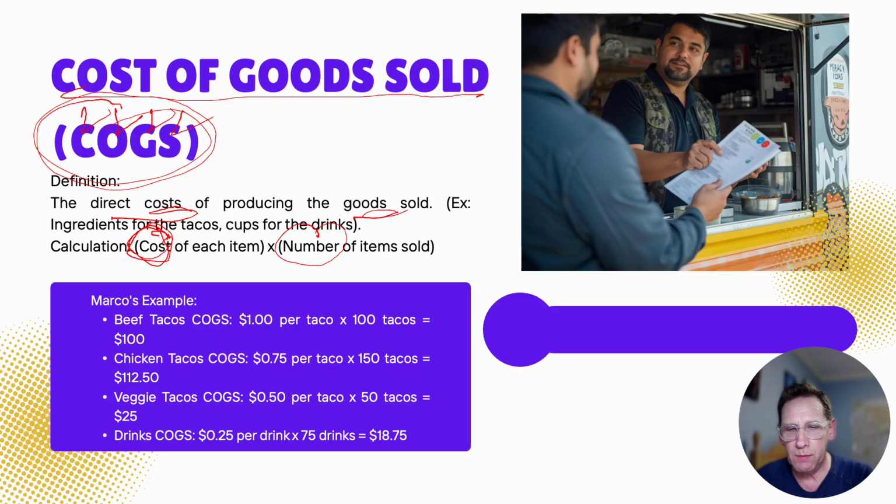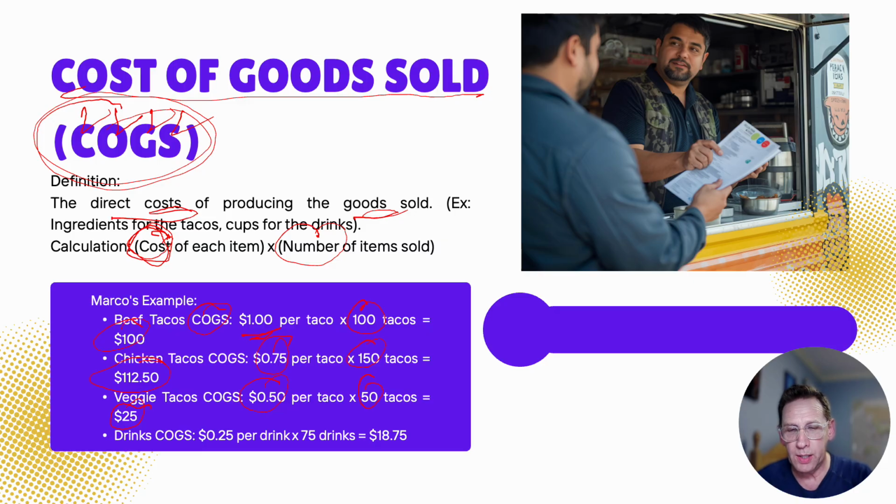So here's our example for Marco. His beef tacos cost $1 per taco, and he sold 100 tacos at $1 apiece. That's $100. We do the same thing with the chicken tacos: 75 cents times 150 gives us $112.50. Veggie tacos cost him 50 cents, and he sold 50, so that's $25.